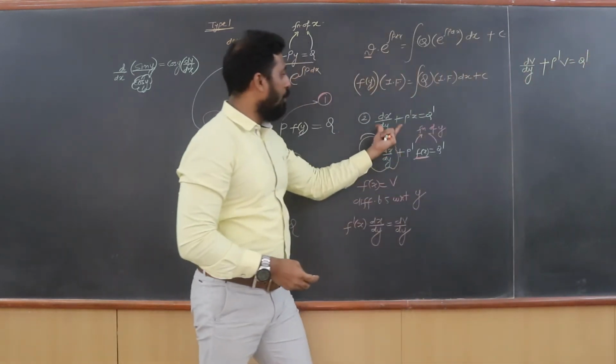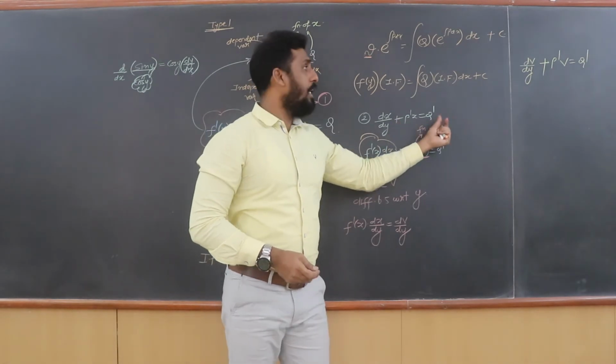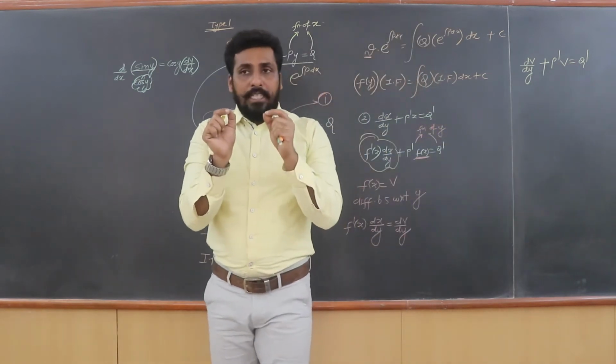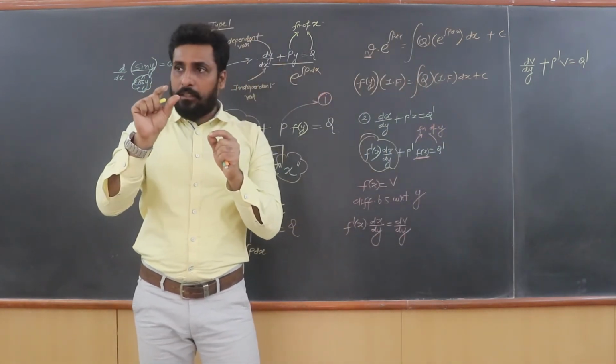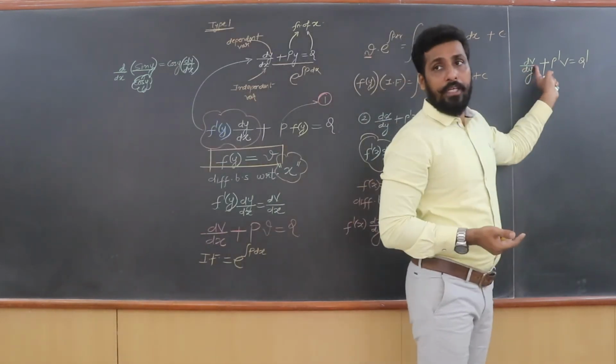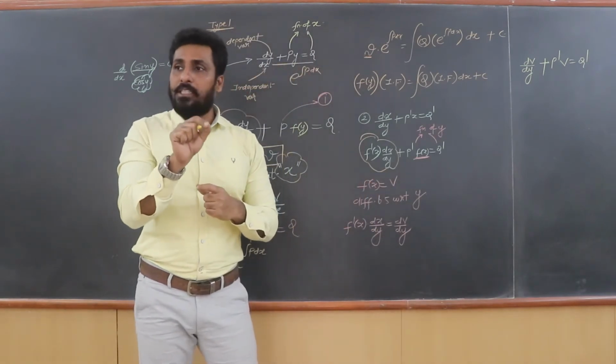Look at this equation, look at the basic equation. So dx by dy plus p dash x is equal to q dash. Dv by dy plus p dash v is equal to q dash. The only change that you can observe here is x has got replaced with v.